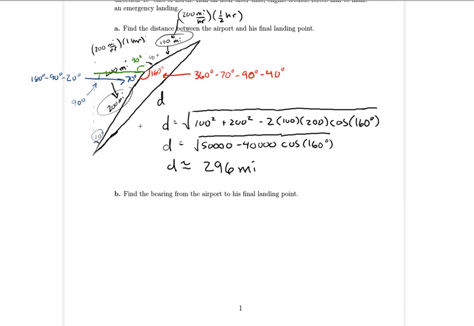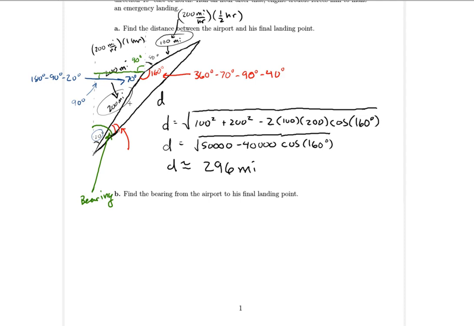So it seems pretty natural to me if I can just figure out this angle right here, that will tell me my bearing. Okay, well that's great, but if I can just find this smaller angle in here, this red one, then I'll also know that bearing because I can just add 20 to it. So let's work on finding that red angle.